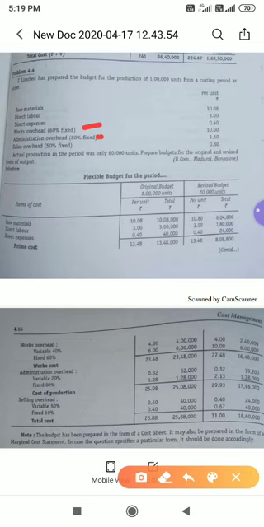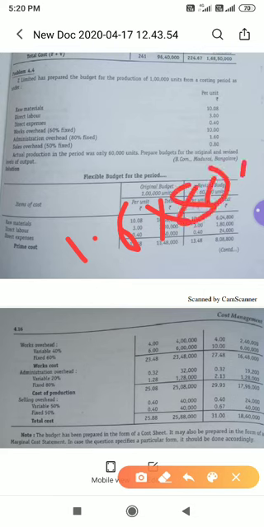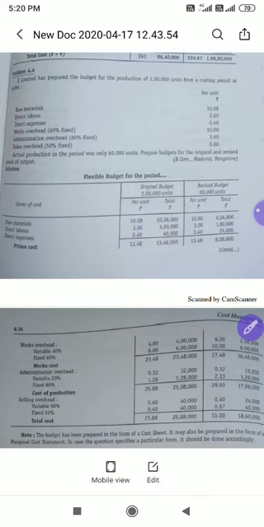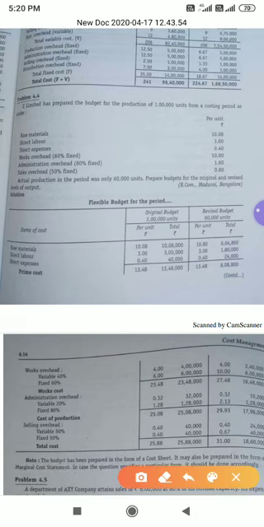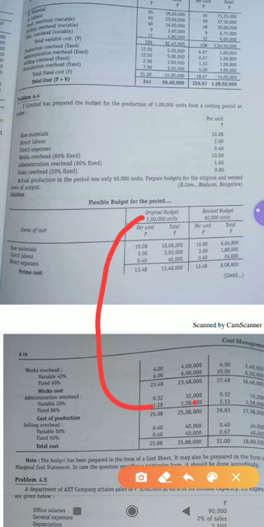We'll go to administration. Out of 1.60, 80% is what? Fixed cost. That means 20% is variable. So if you multiply, how much will we get? 1.28. So fixed cost is 1.28, we will get 1.28 into 1 lakh, then we will get 1 lakh 28,000, and the same amount you have to write here. Total fixed cost will be the same.